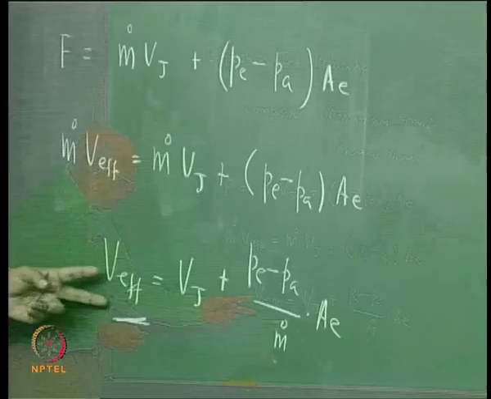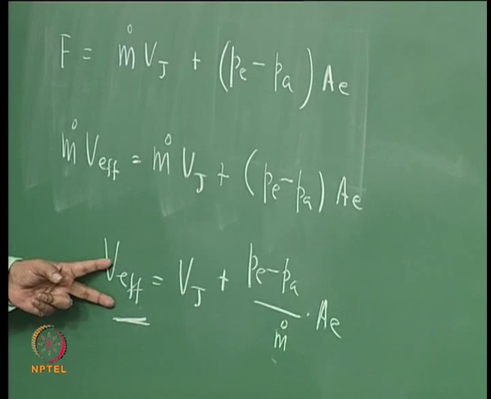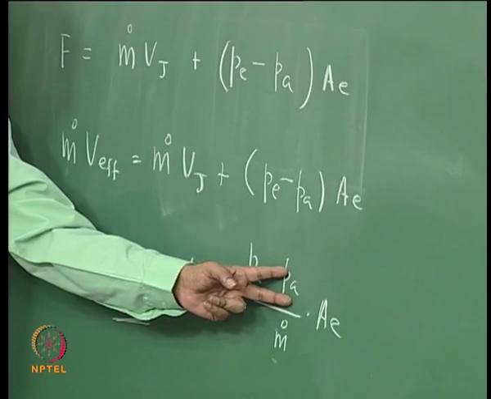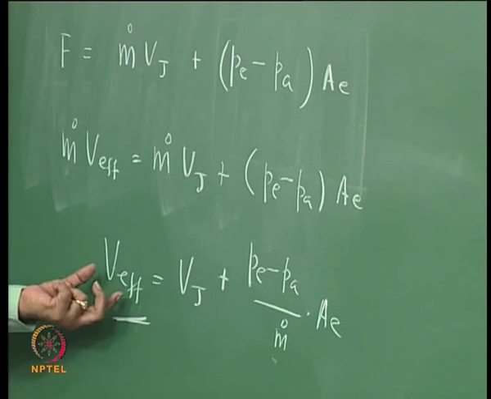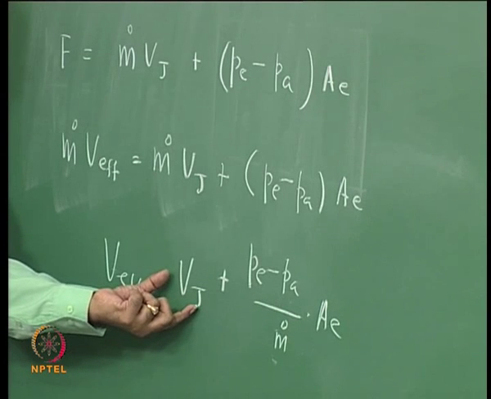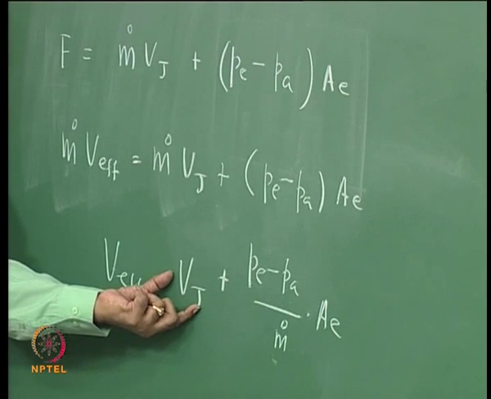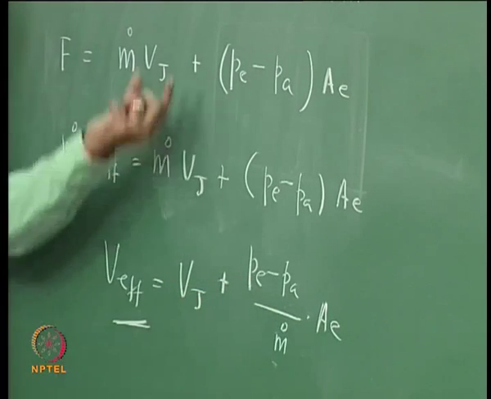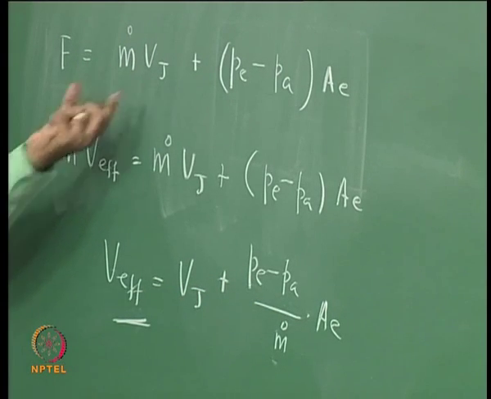And when a nozzle is not adapted, that means the exit pressure is different from the ambient pressure at that particular altitude, the effective jet velocity is different from the jet velocity at the exit of the nozzle. This is to take care of the pressure thrust in addition to the momentum thrust.